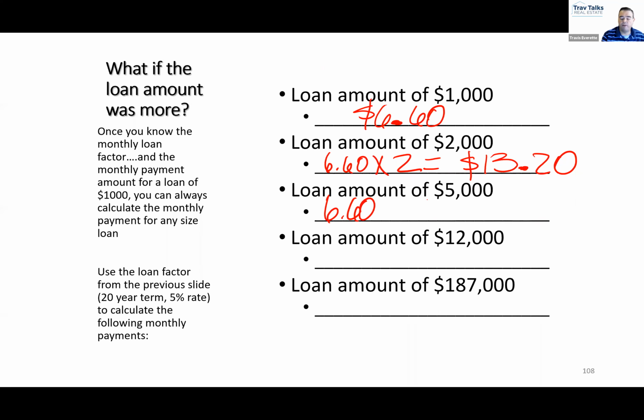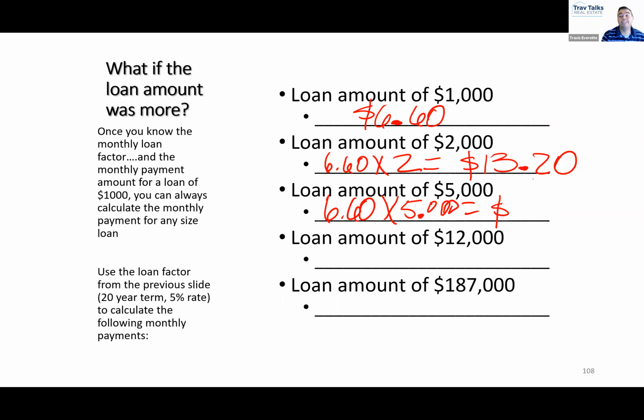6.60. If we borrowed $5,000, what will we multiply by? 5.000, right? So what's the payment? $33.